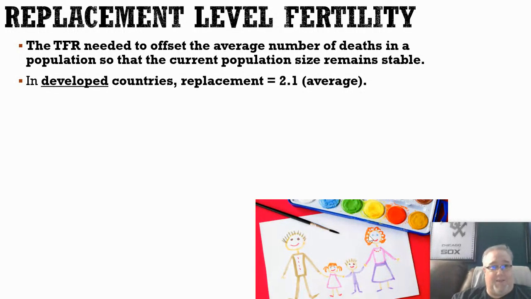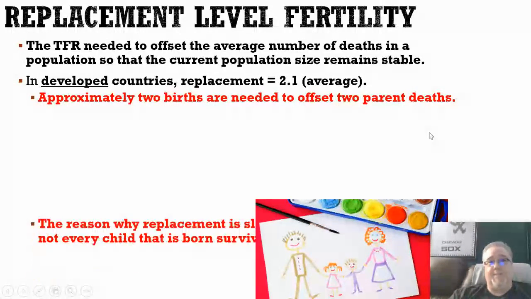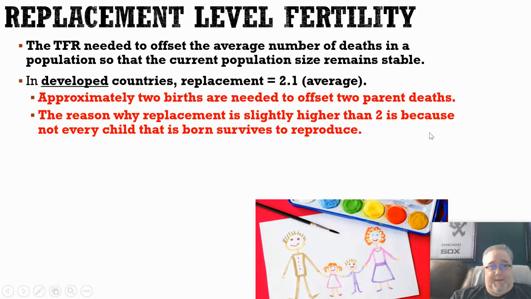In a developed country, the replacement level fertility is about 2.1. Now you might say, well, why is it 2.1? Why is it a little bit higher? Well, the reason is that for every baby that's born, let's say in the US, is there a chance that that baby may not survive to have children?